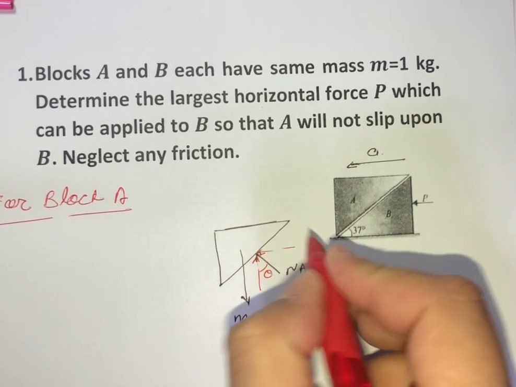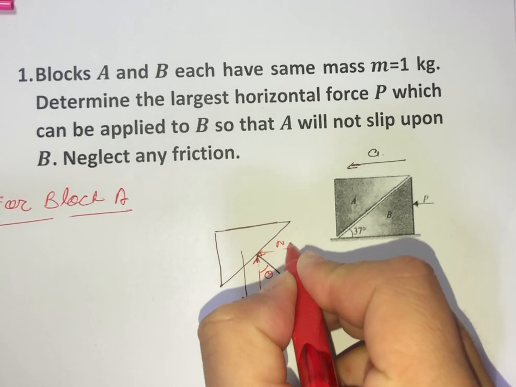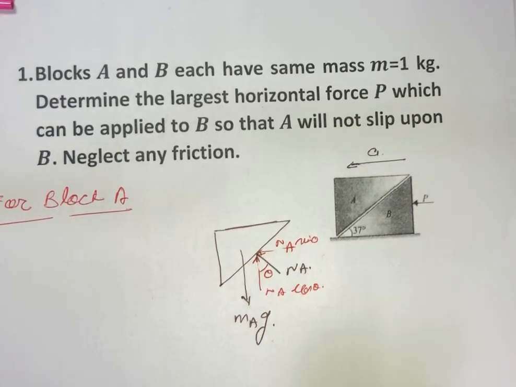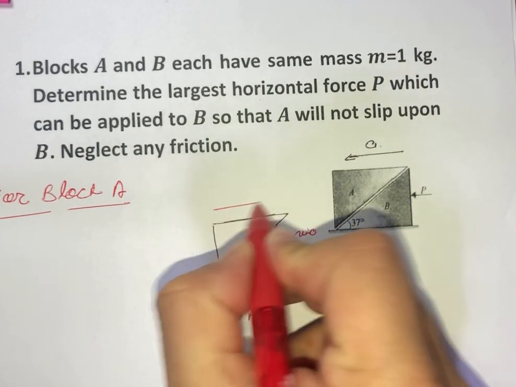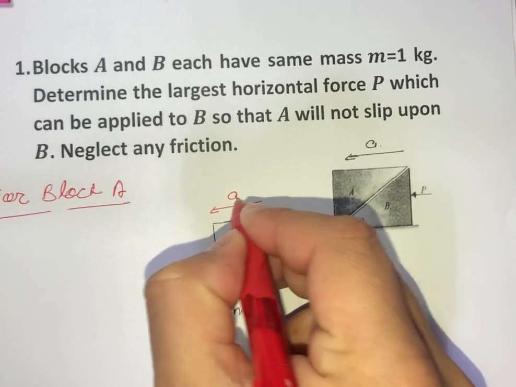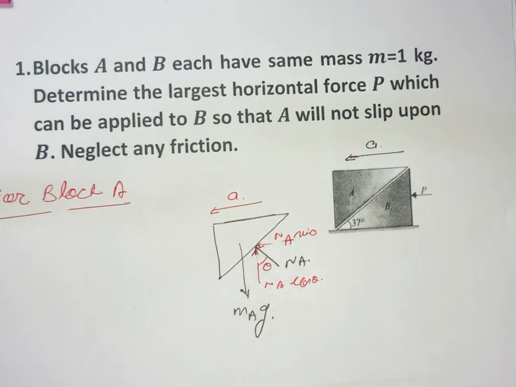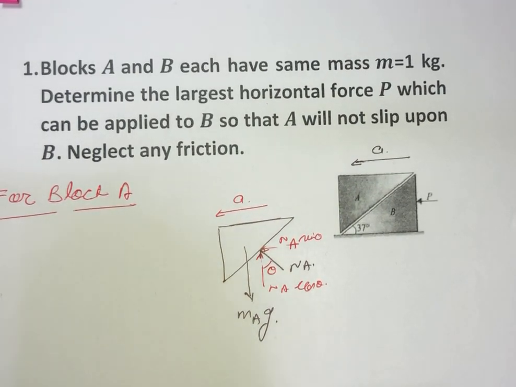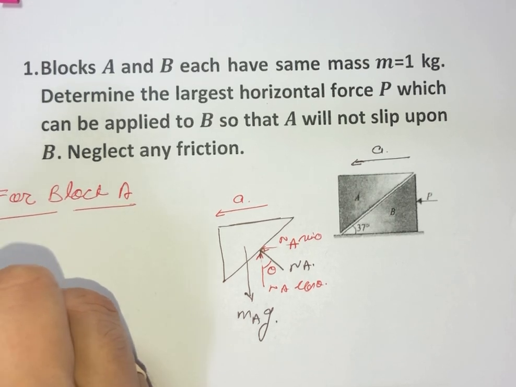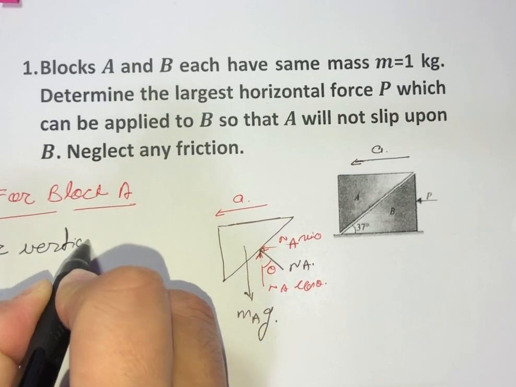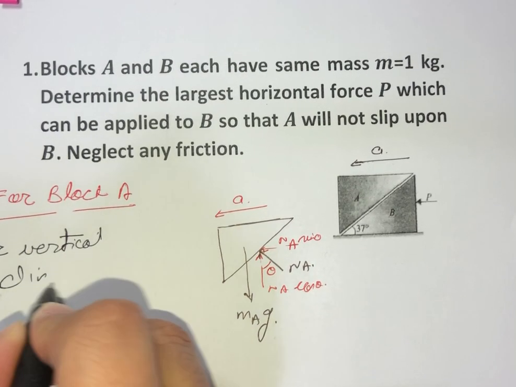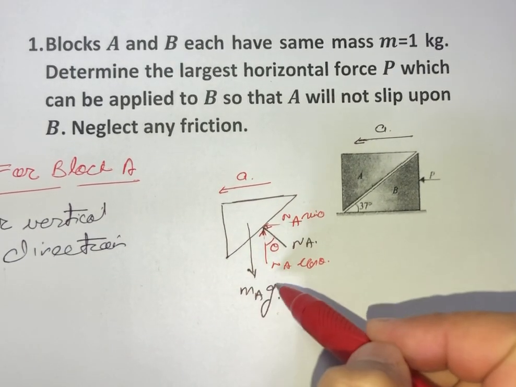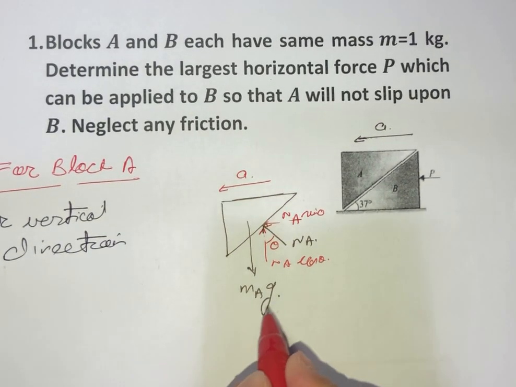So we can say this will be NA sine of theta, and this will be NA cos of theta, and it is moving towards left with the acceleration A. So let us resolve the forces and write the equations. For the vertical direction, as there is no motion in the vertical direction, the summation will be equal to 0.